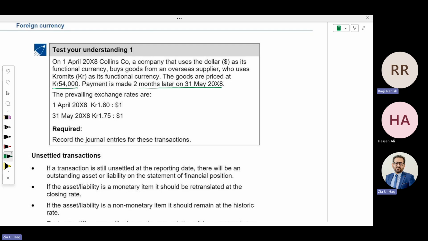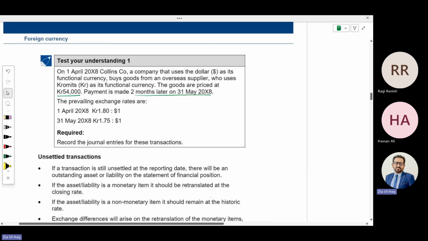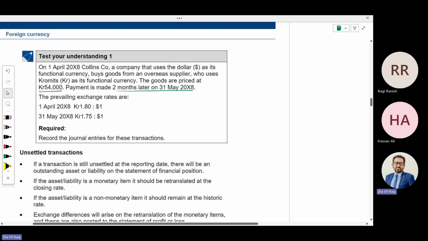Because we are converting. There could be confusion in your exam whether we need to multiply with the currency or divide with that rate. What you need to do is make a small table, here is dollar and here is KR.